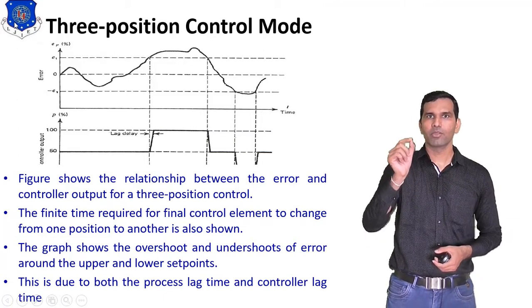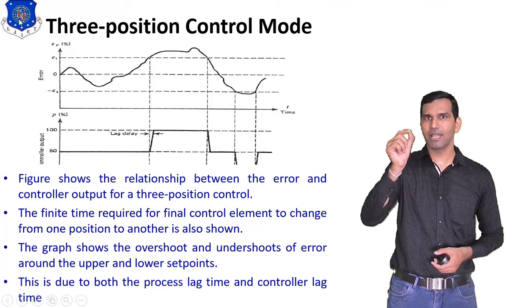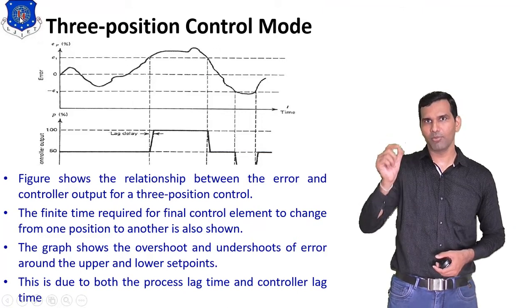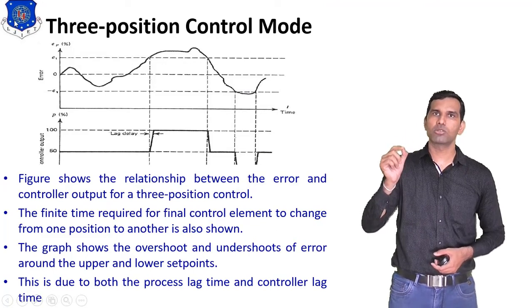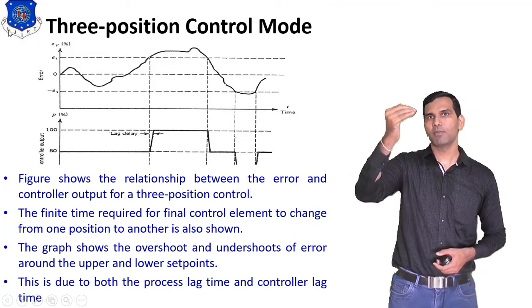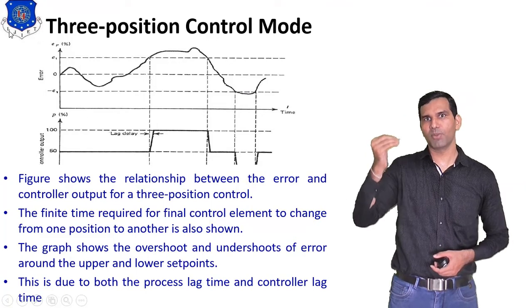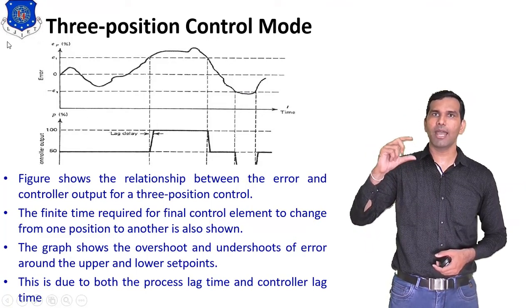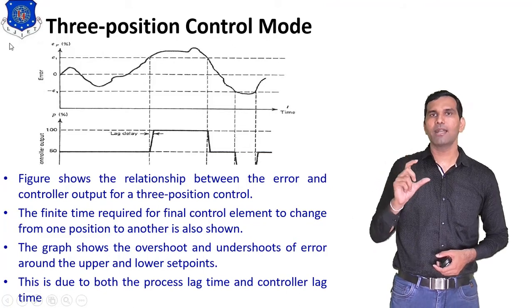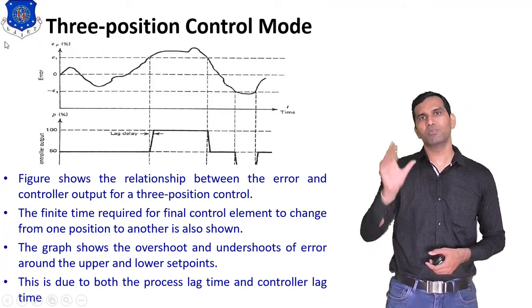Now when the error is decreased from plus E1, the output is also decreased, going from 100% to the 50% value. So between plus E1 and minus E1, the controller output is fixed at 50%.